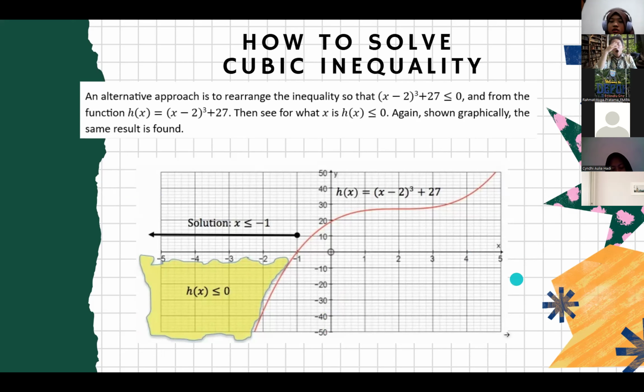For what x is h(x) less than or equal to 0, and you can see in the graph, and the same, the value of x is under the curve. Okay, next please.